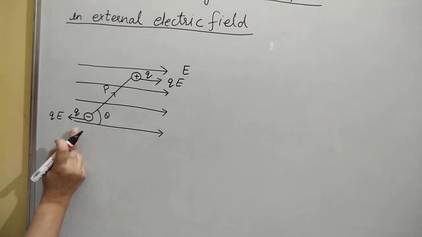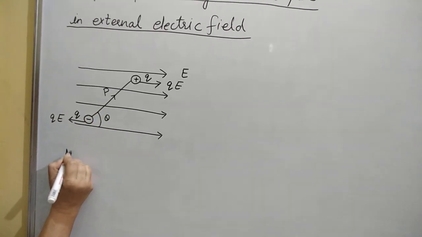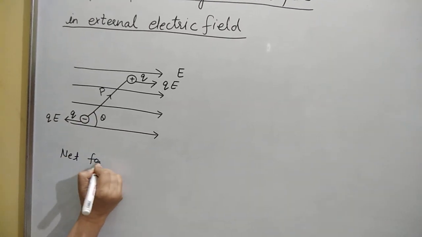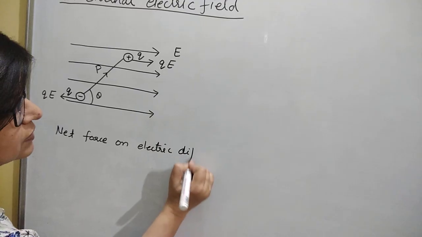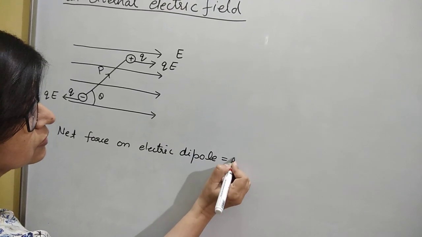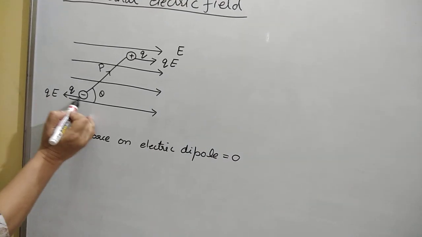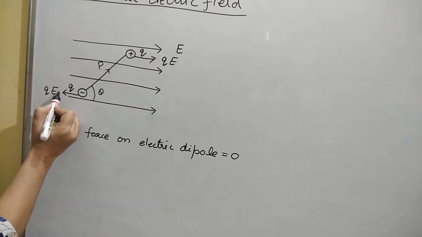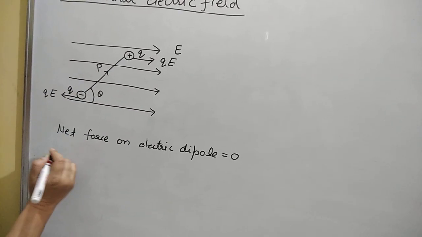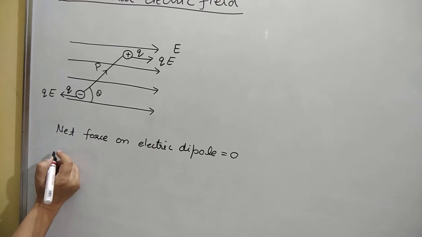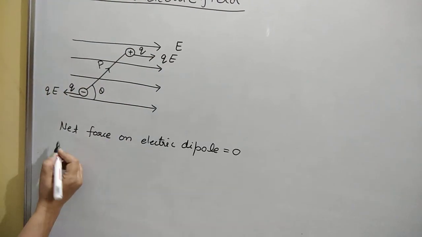As these are two equal and opposite forces, the net force on the electric dipole is 0. But because these two forces are not in the same line, they will produce torque and they will try to rotate this dipole in the direction of the electric field.